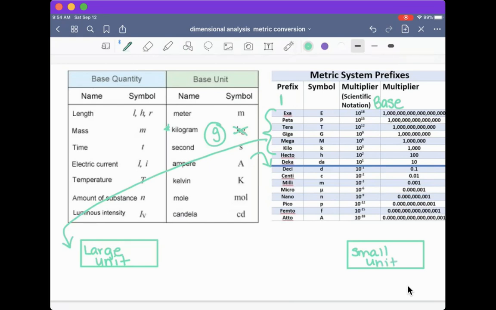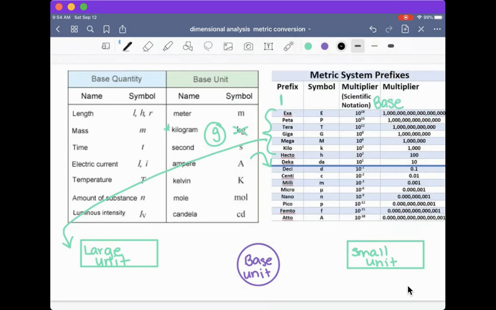And in the center, we're going to have my base unit. All right, so this is a little conversion map that we're going to use. And you're going to like this map because you're going to see it when we do mole conversions later on in the course.